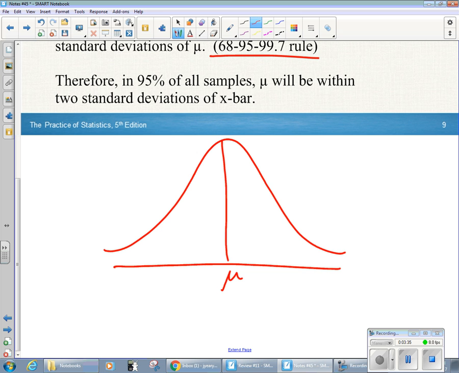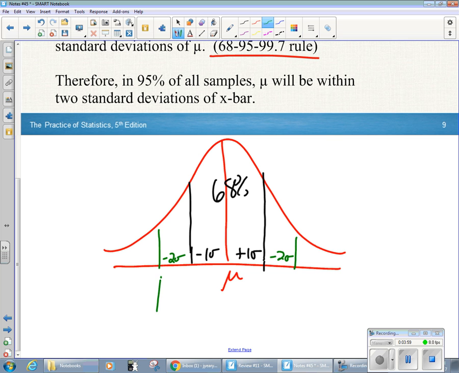So here's your mean. Basically we're saying if you go 1 standard deviation to the right and 1 standard deviation to the left, this will encompass 68% of all observations, or 68% of the distribution. Go 2 standard deviations, and we're going to say that this is 95% of the distribution.